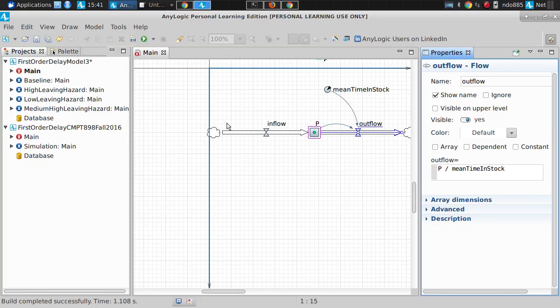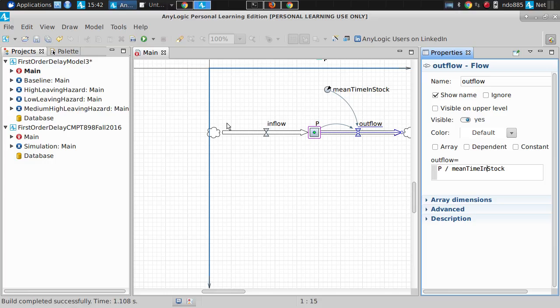They are mathematically equivalent. I'm going to call this mean time in stock 1 over alpha. We can either specify the outflow in terms of an alpha as alpha times P, or we can specify it in terms of a tau, mean time in the stock, of what?